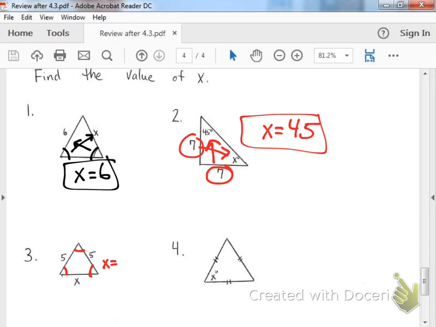So what's X? 5. 5, very good. And number 6, this is a tricky one. When all the sides are the same, all the angles are the same. When all the angles are the same, they are 60 degrees. Wonderful. Raise your hand if you have any questions.